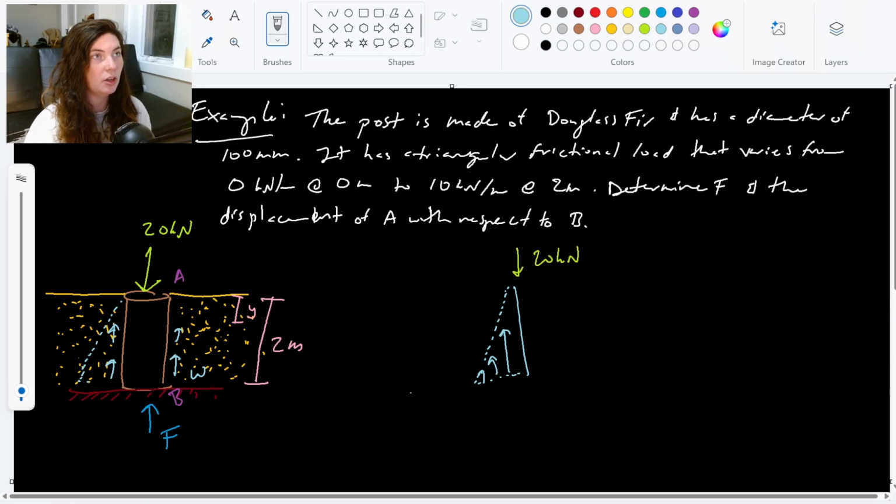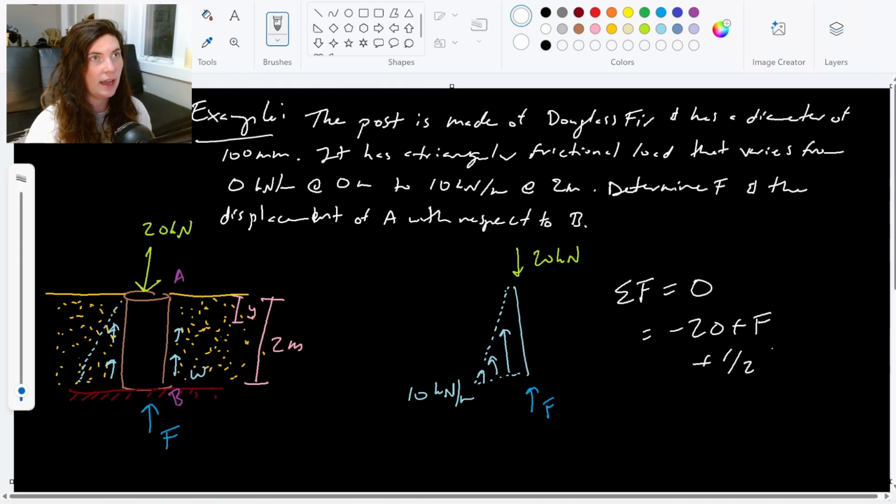So with my free body diagram here, there's my 20 kilonewtons. My distributed load at the bottom here is 10 kilonewtons per meter. And then I want to find the force F. Fairly straightforward, just a summation of my forces equals 0. I'm going to have the -20, the positive F, and then that distributed load is just the area of a triangle.